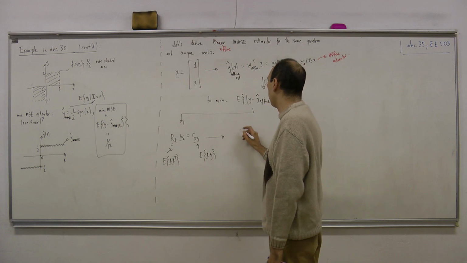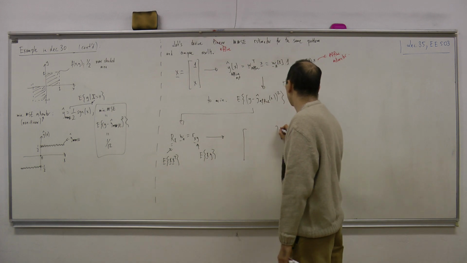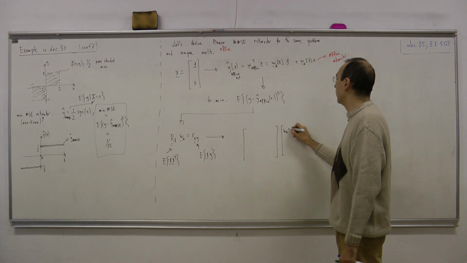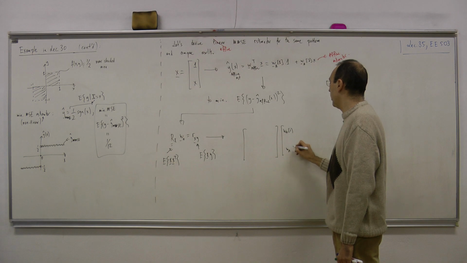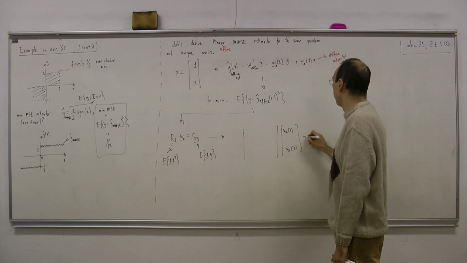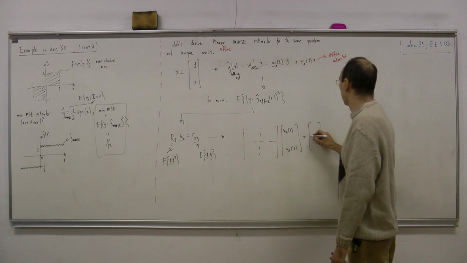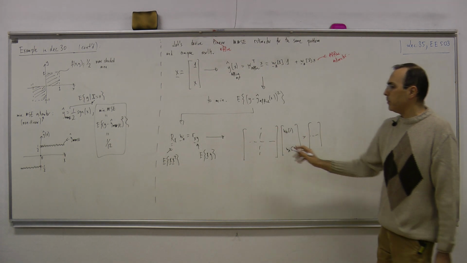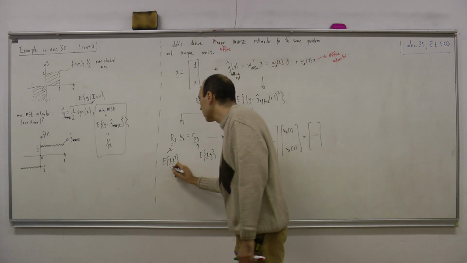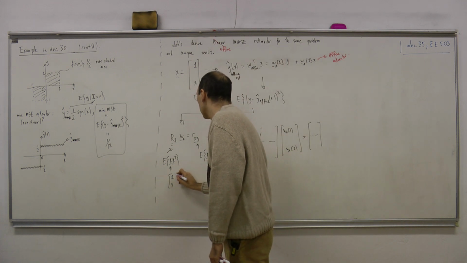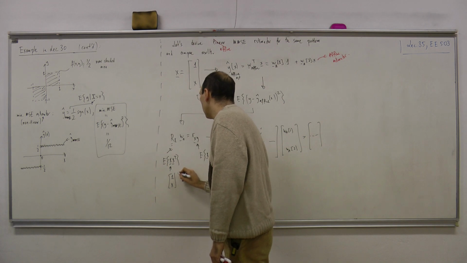If I write this, what do I have? I have this matrix times W affine's first element and second element, equal to a vector. Let me find the elements of this matrix. The x vector is 1 and x, so how about this with its transpose, 1 and x?